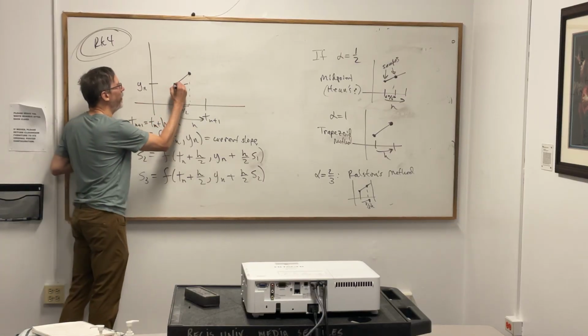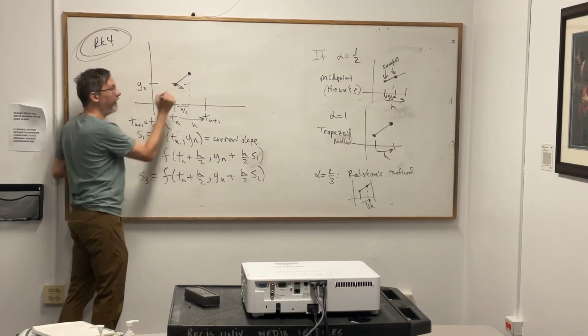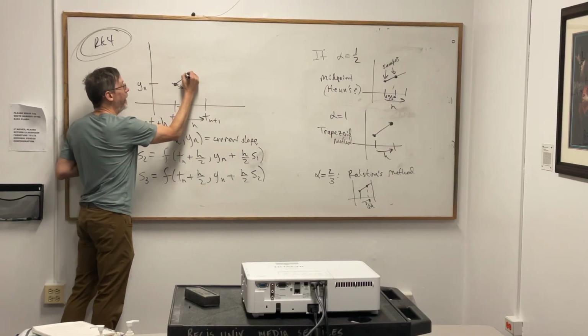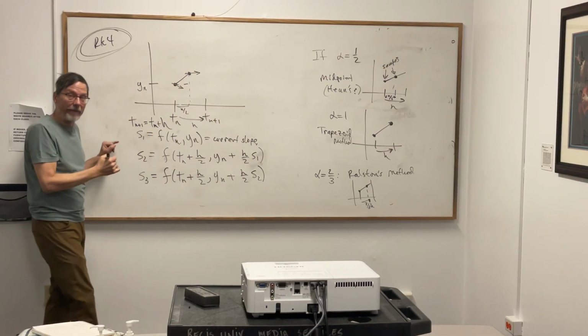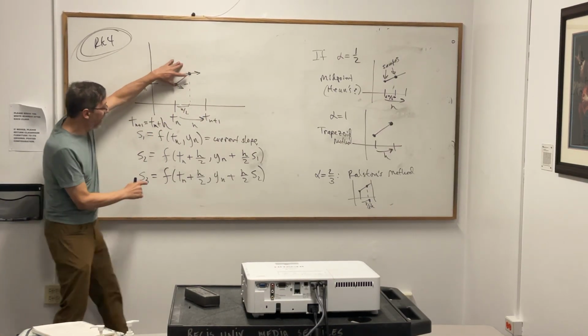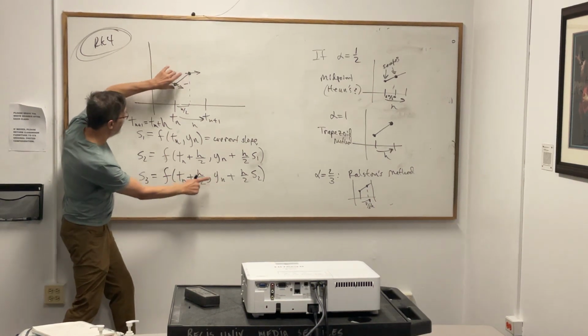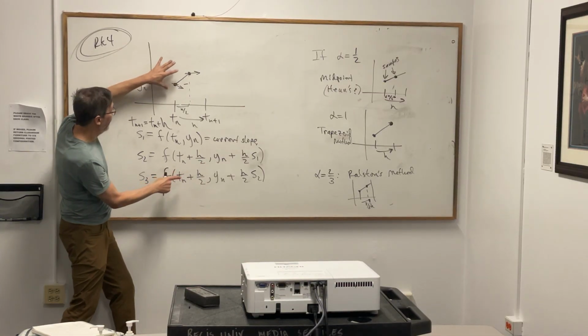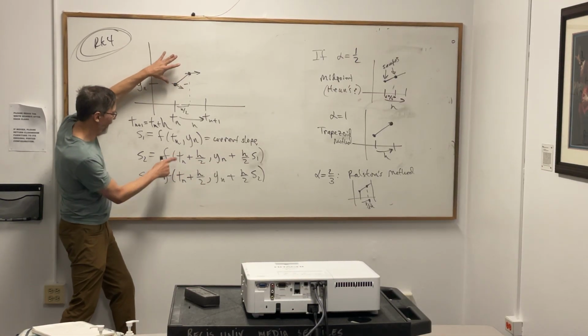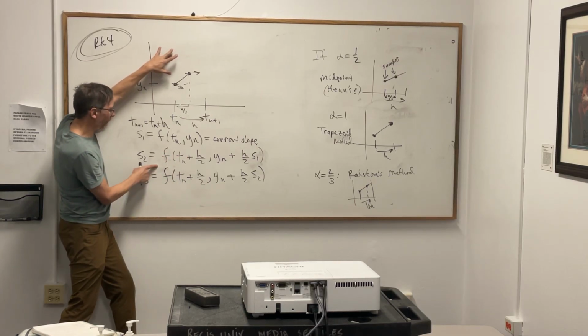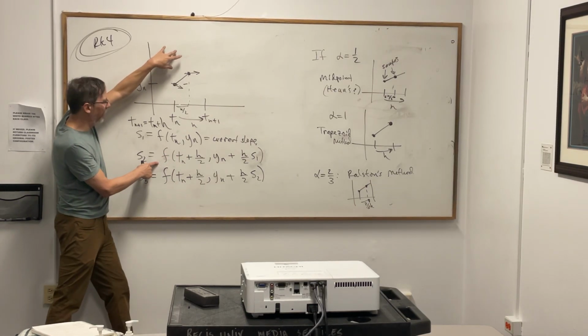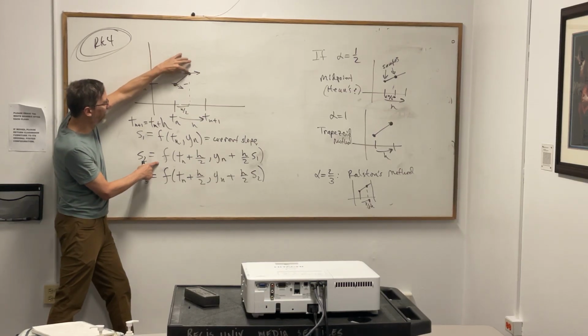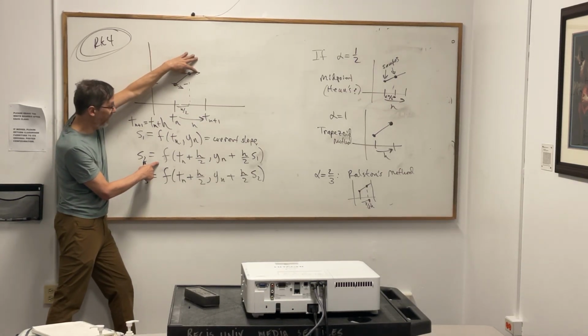So let's say the slope here was like that, but the slope out here was like that. What I'm doing is coming out here, halfway across, moving up. I'm moving at this slope, and this slope wasn't my current slope. This slope was the slope halfway across. So I look at this slope here, grab this, that is S2 right there.